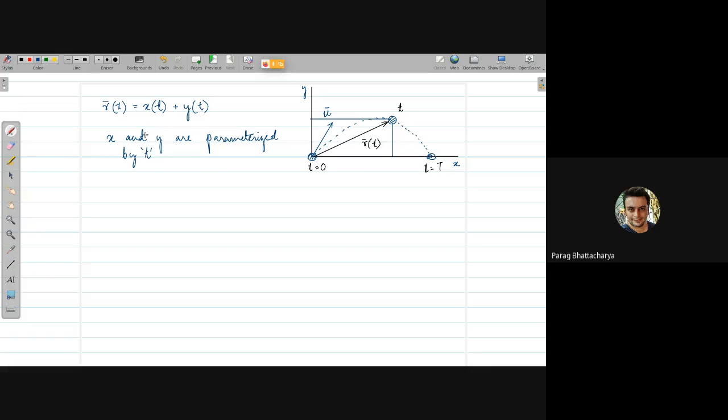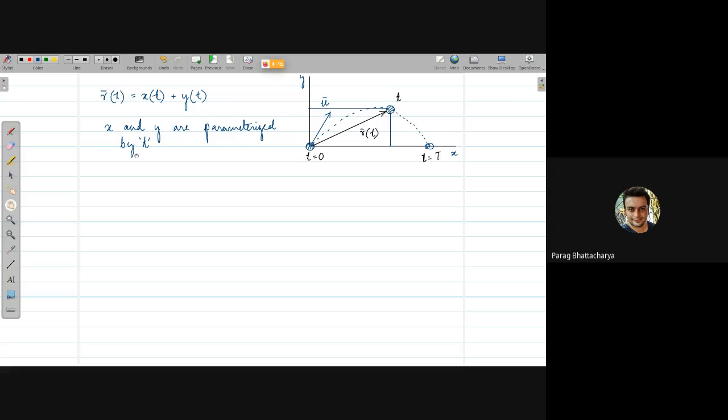That means as time increases, x and y will also change, because x and y are related to time t. So we don't need to remember exactly the values of x and y. All we need to know is the relation that x bears with t, and the relation that y bears with t. If we know that, then we can find the position.